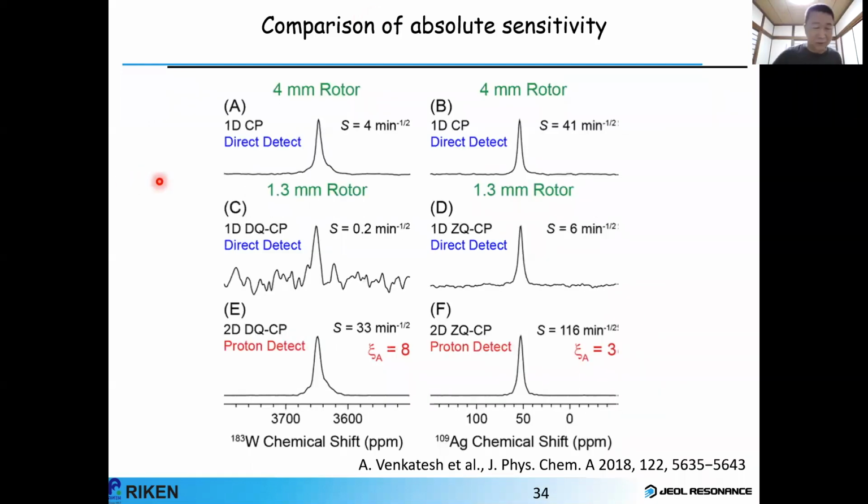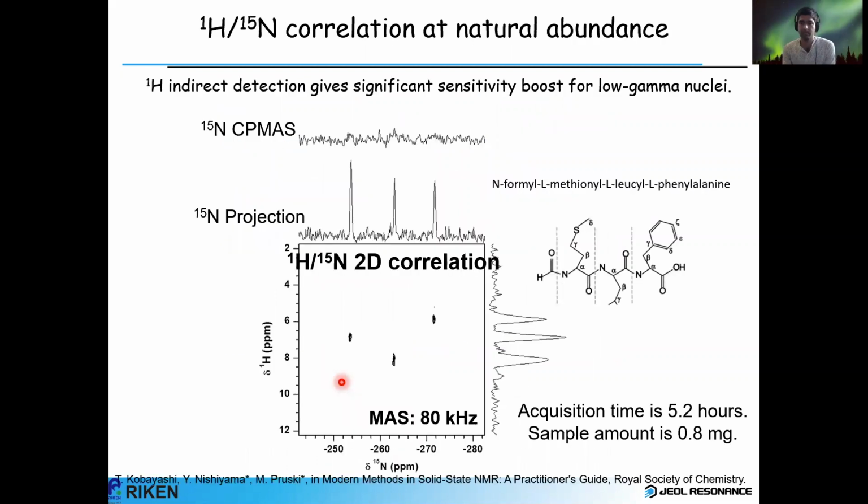Amrit, you are also involved in this research. So this is the comparison of the proton detected nitrogen-15 experiment and the nitrogen directly observed spectrum on a natural abundance sample.